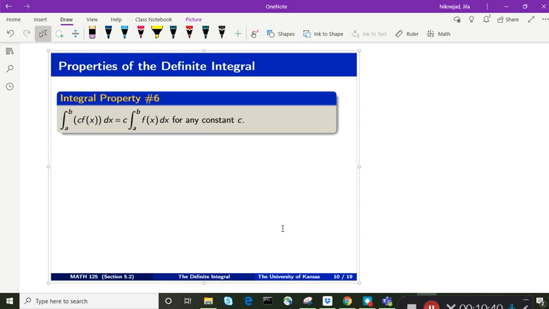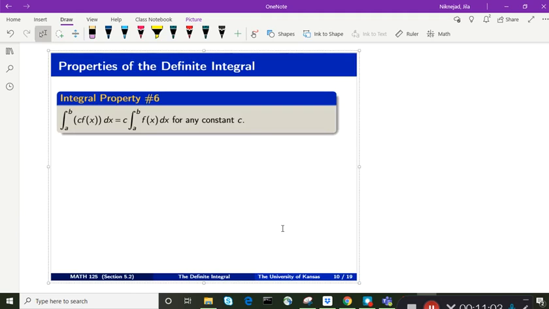A constant multiplied by the function, the constant actually comes out of the integral. If you have c times a function, it becomes c times the integral from a to b of f of x dx.